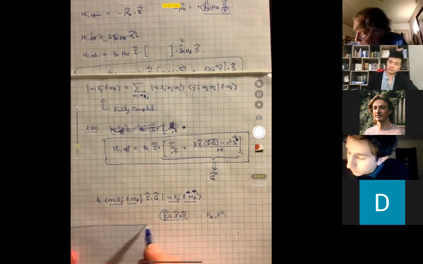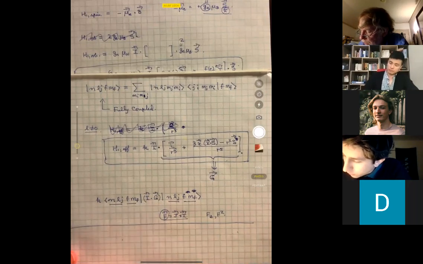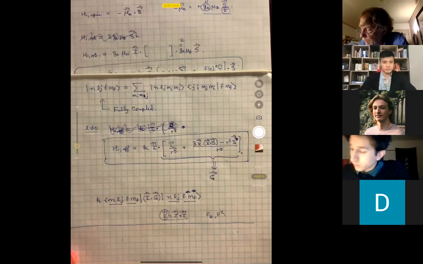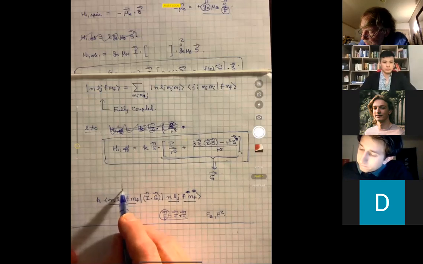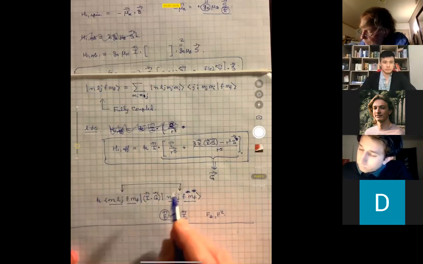All right. Now the problem then is to evaluate this matrix element to get the energy shift. So the energy shifts are going to be the diagonal matrix elements of this thing. And now the problem is to evaluate them. The first step that we use is we notice that the J values are the same on both sides of this matrix element.